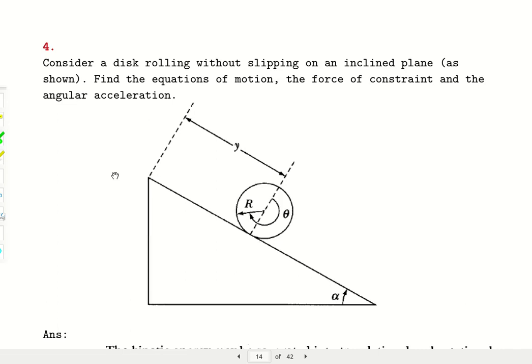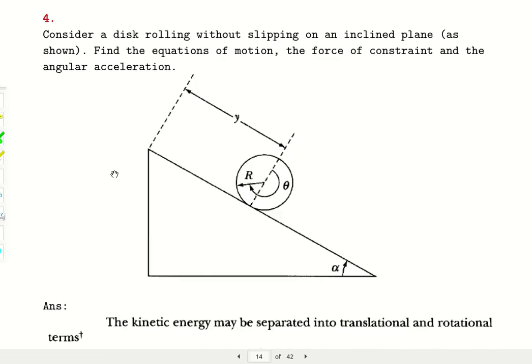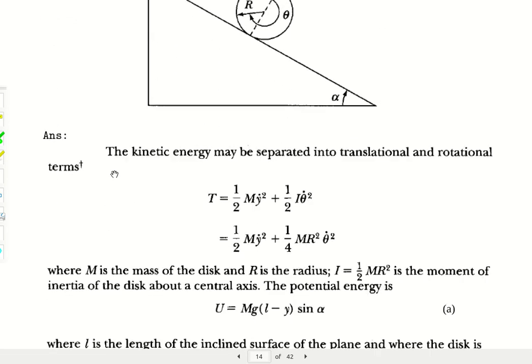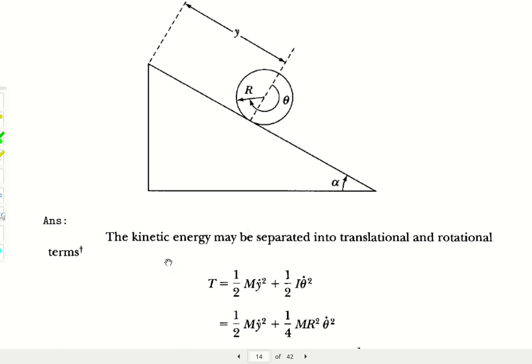The next problem is a very interesting one: the disk rolling without slipping down an inclined plane. Find the equation of motion, constraint force and the angular acceleration. In this case, the inclined plane has inclination angle alpha, and a cross-sectional view of the cylinder has been shown here, which has a radius r, and it is rolling at time t.